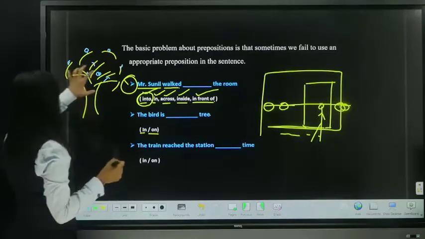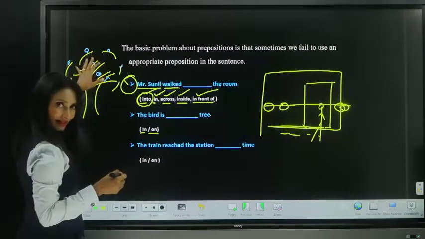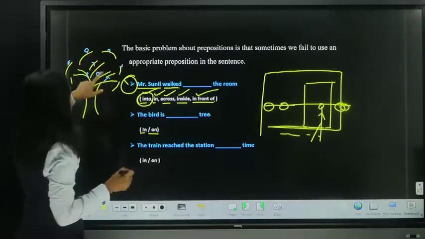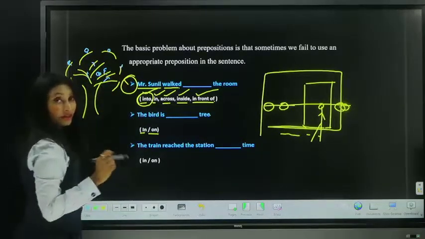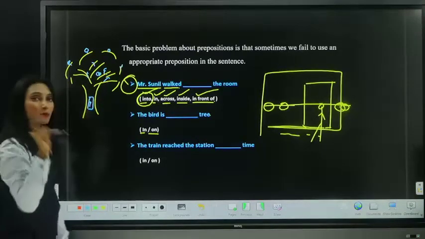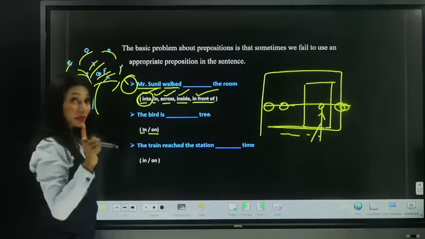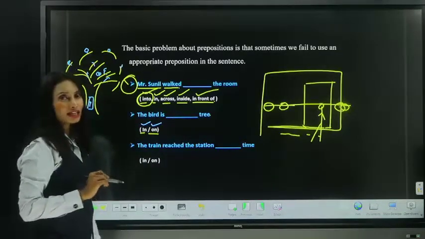So it can be possible to stay here, live here, or on. Is it clear? That means it is not always on the tree. It can also be in the tree. In fact, it can live inside the tree, for example, a woodpecker. Right? That means again both are correct, in and on. Both are correct.